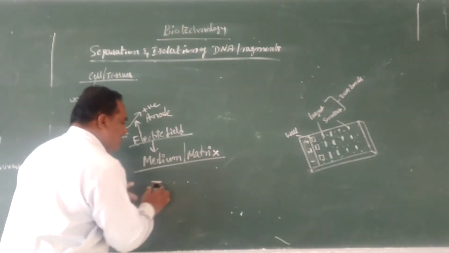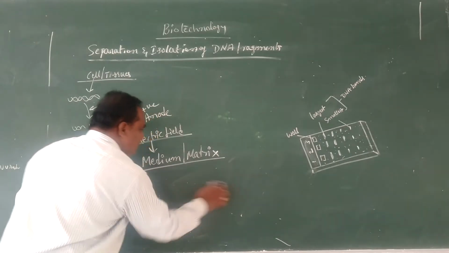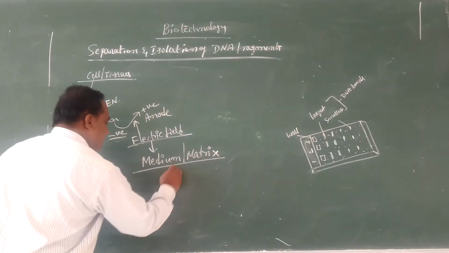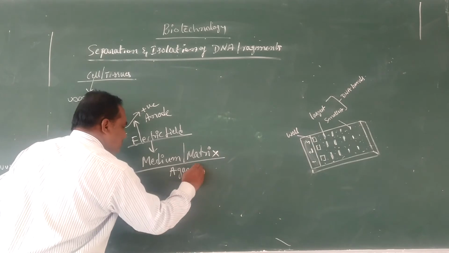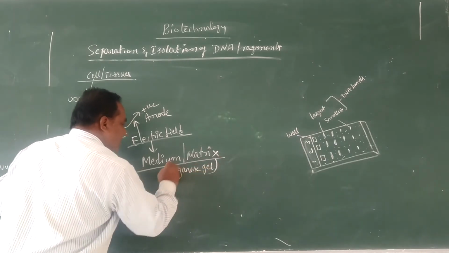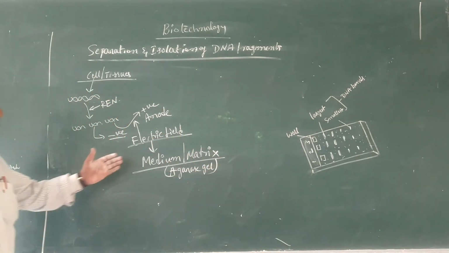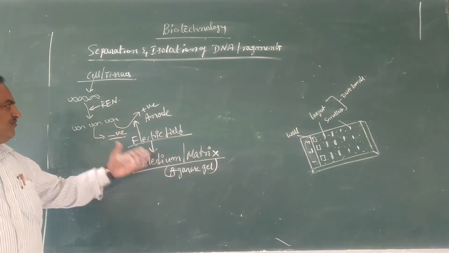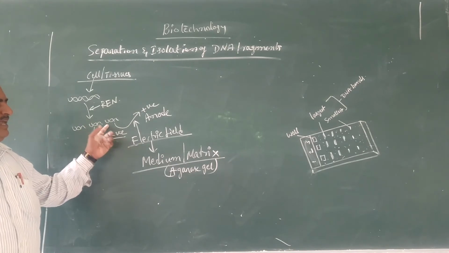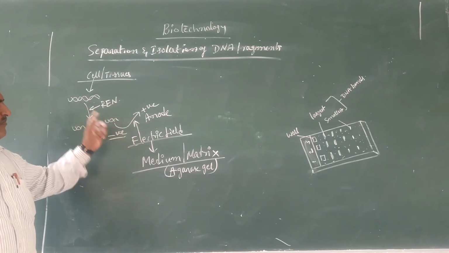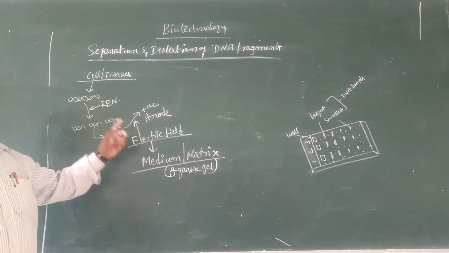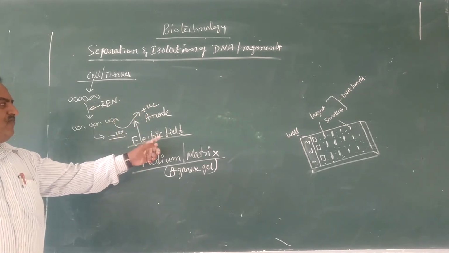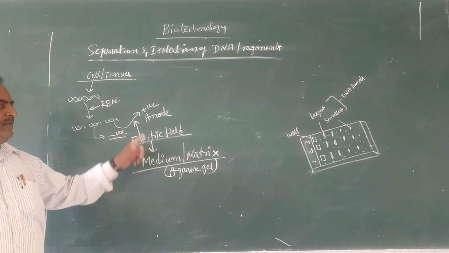That matrix is called agarose gel. Agarose gel is used for the separation of DNA fragments.